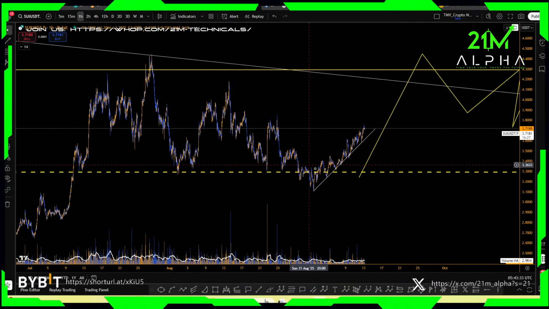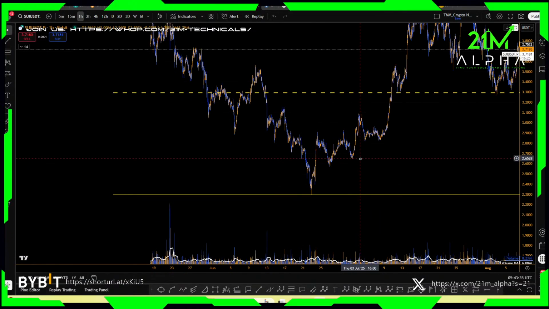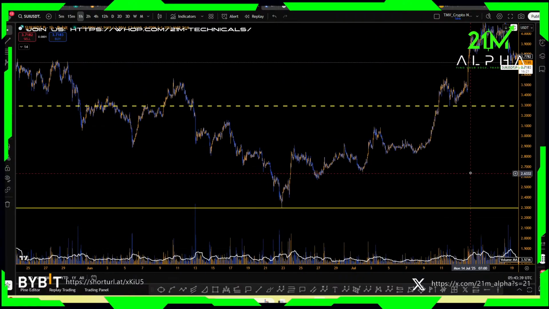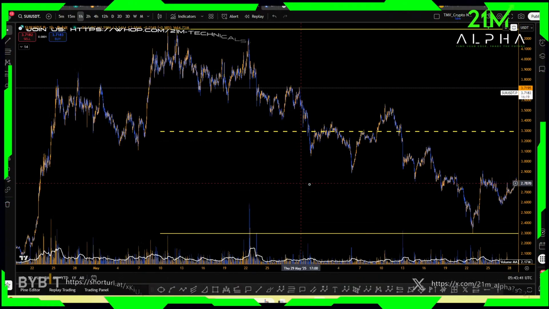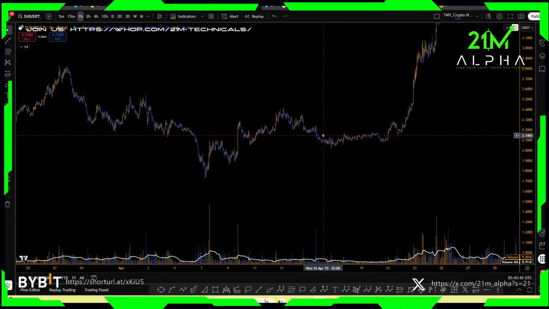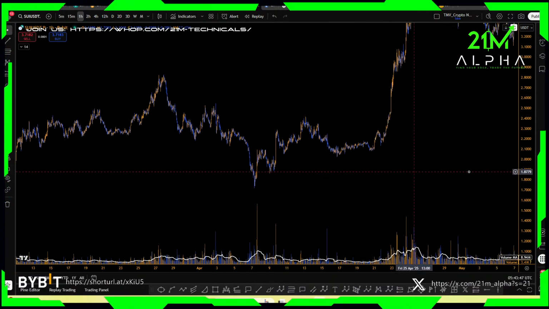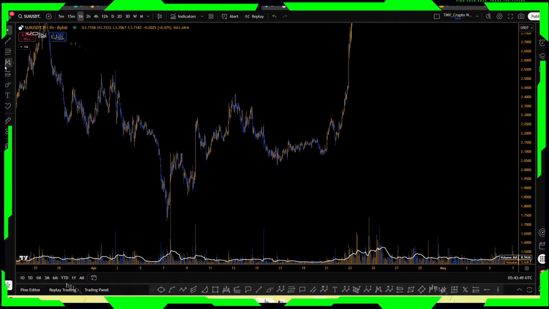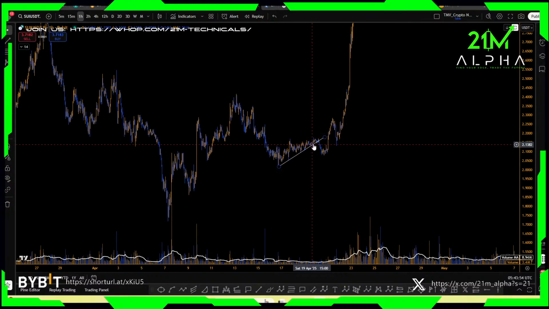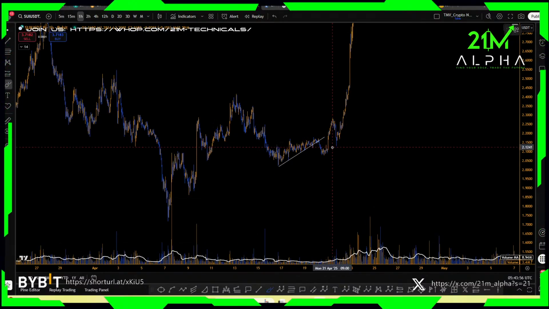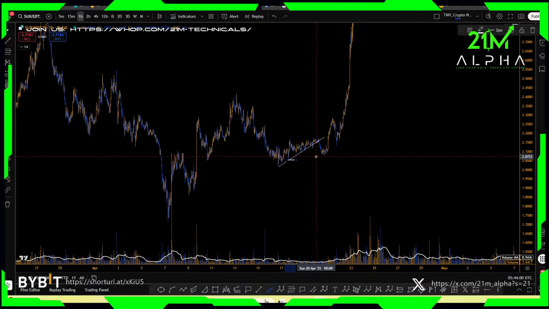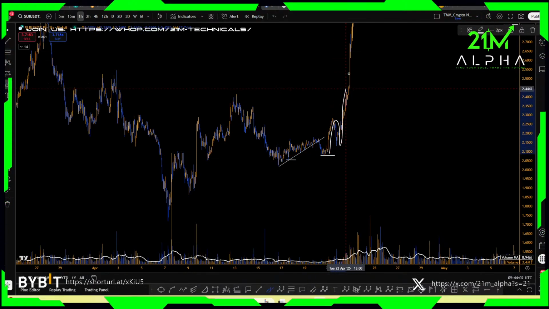I've seen this sort of accumulation in many coins, and what happens next is those coins literally go nuts. Let me just see any previous history. Yeah, look at this one. We had an accumulation, then a breakdown, but we never went to take this liquidity, and then again pushed up, and then a big push.